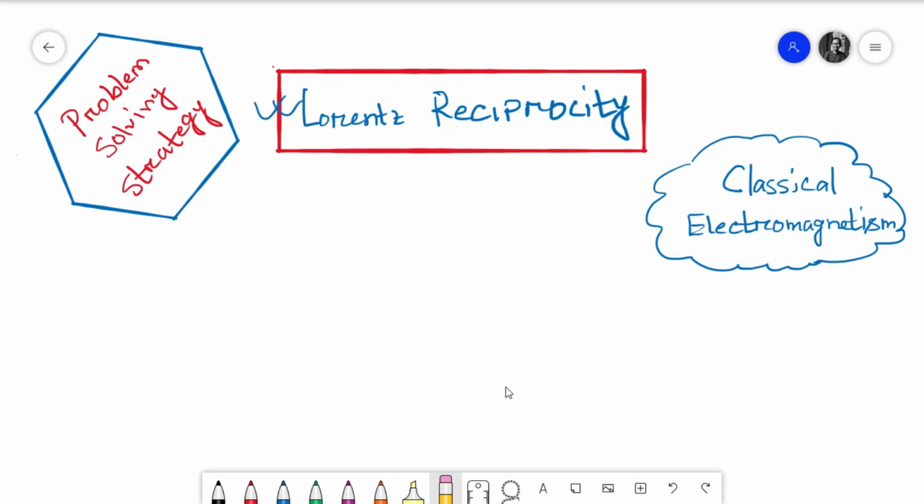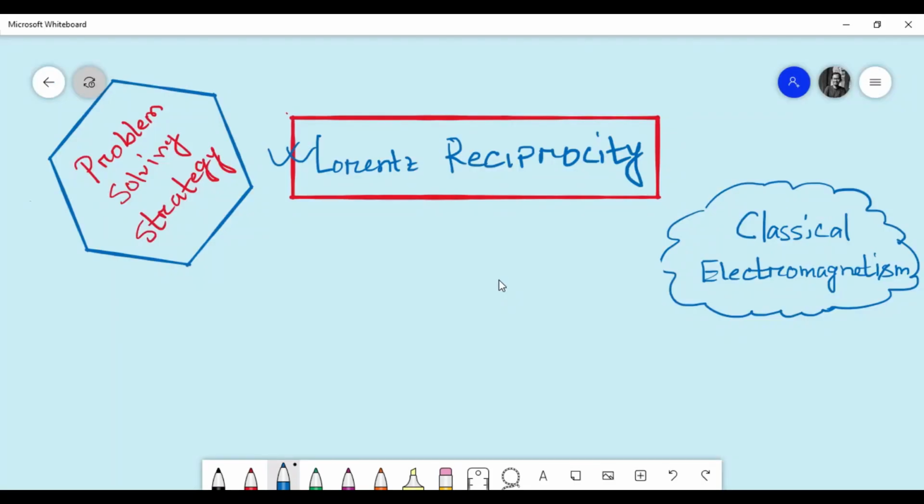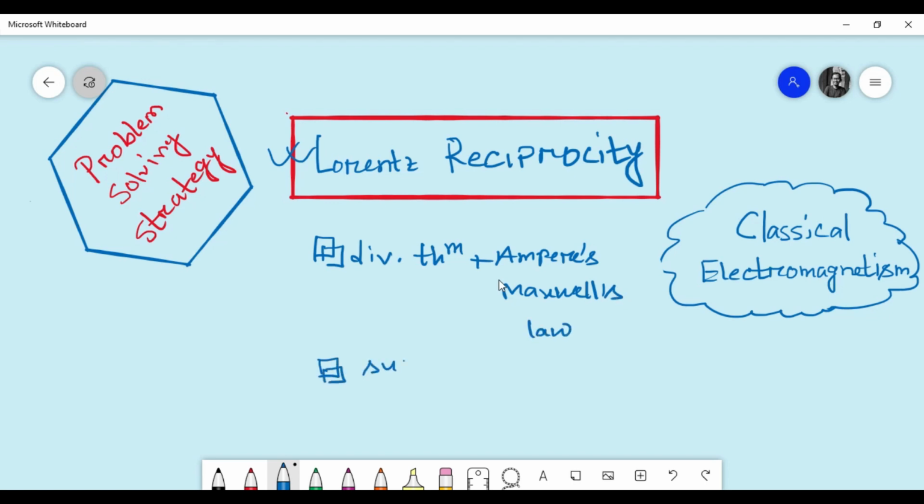In this video, you will learn some key aspects. You will learn an interesting use of the divergence theorem combined with the Ampere's-Maxwell's law. You will also learn how surface integrals at infinity simplify using radiation electromagnetic fields.